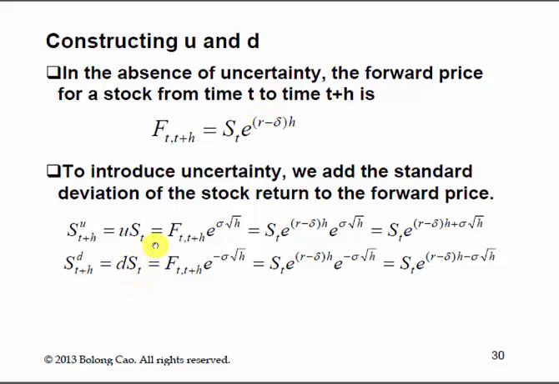Then we need to add back uncertainty with this standard deviation in the return. It goes up and down by 1 standard deviation for each period h, and this standard deviation will be adjusted with the length of h.